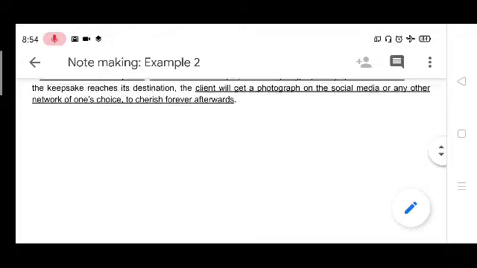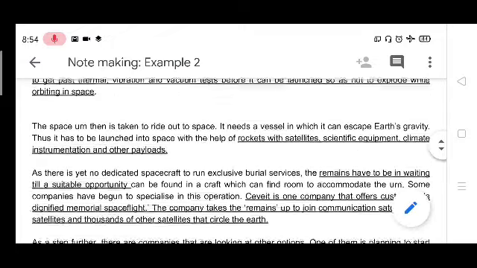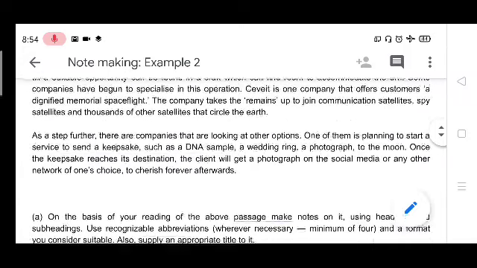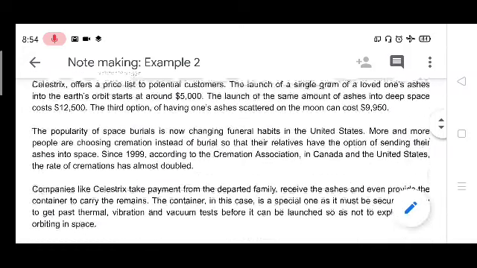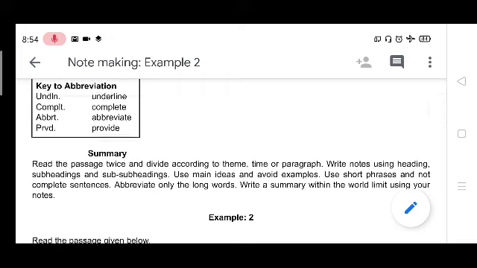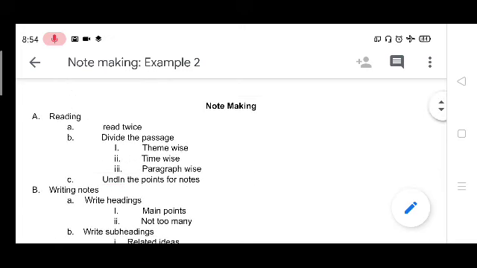So watch this video again and again, as I said earlier, you will not become an expert in making notes in the first go. You have to practice again and again, and once you have done it enough, you'll become an expert. And note making will help you in studying other subjects also, like science and commerce subjects. Apart from that, this is a question where you are guaranteed to get maximum marks.